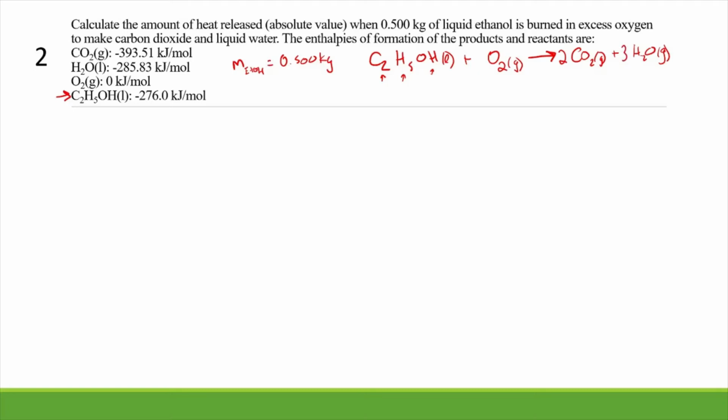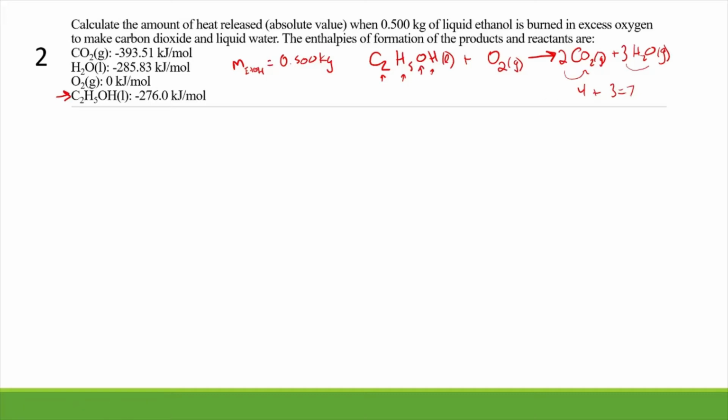And then the last part is you're going to add up all your oxygens on the product side now that you have your coefficients. So we have 4 oxygens from CO2, 3 oxygens from water, so we have 7. And then go back to your reactant side, look at your hydrocarbon. Normally, if it's just a regular hydrocarbon, it's just carbon and hydrogen, you don't need to do this step. But here, since we have ethanol, so we have an alcohol on it, there is an oxygen here.